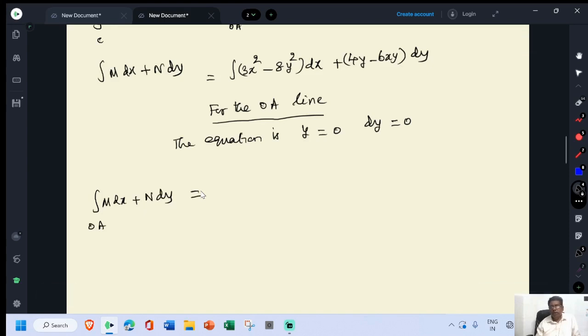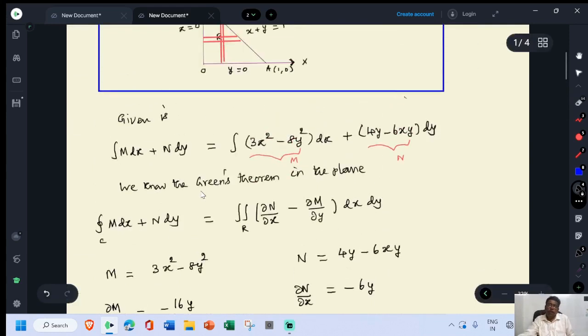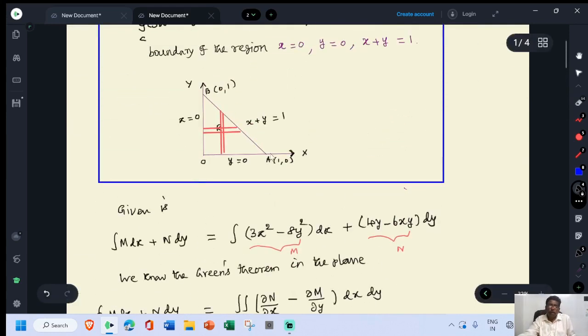If you put dy equal to 0, the entire term is 0. If you put y equal to 0, this term vanishes. So this is equal to 3x square dx. Now you should apply the limits. For the OA line, all are in terms of x.